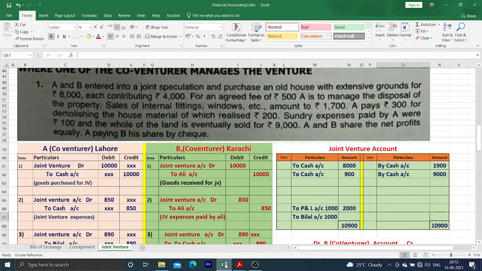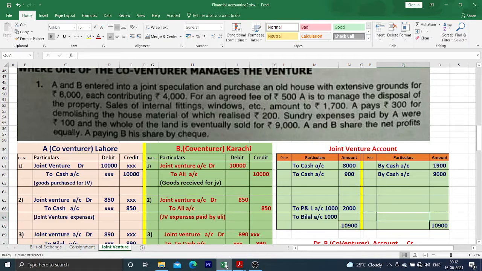Earlier, old windows, etc., 1,700, and here the material he disposed for 200. Total 1,900 received. Sundry expenses paid by A were rupees 100. Earlier, A paid 300 plus 100. Total amount paid by A on his account is 400 rupees.